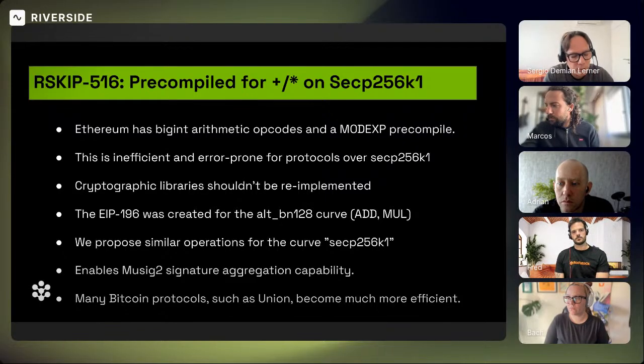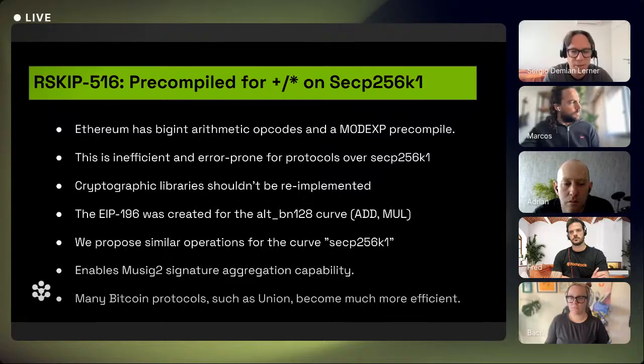So the idea was, because it needs to be very efficient, and because we want to reduce proven components, we will create precompiled contracts that provide this point addition and scalar multiplication on Ethereum. And so we wanted to bring the same functionality, but for the elliptic curve that is used by Bitcoin transactions.